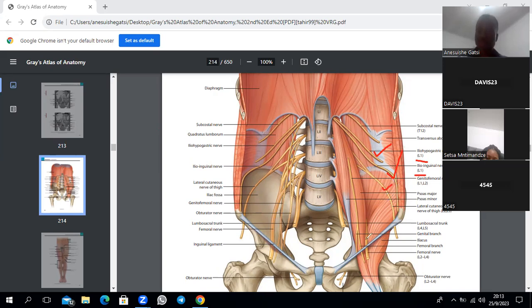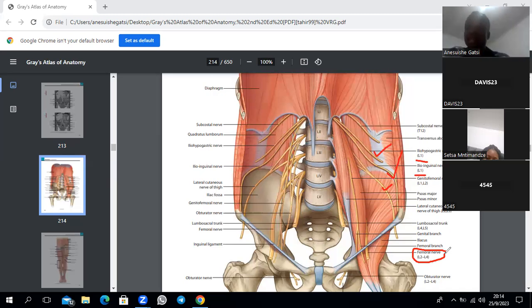Then we have the largest branch of the lumbar plexus, the femoral nerve, L2, L3, L4. So the 4 branches that emerge on the lateral surface: iliohypogastric, L1; ilioinguinal, L1; lateral cutaneous nerve of the thigh, L2, L3; and the femoral nerve, the largest branch of the lumbar plexus, L2, L3, L4.